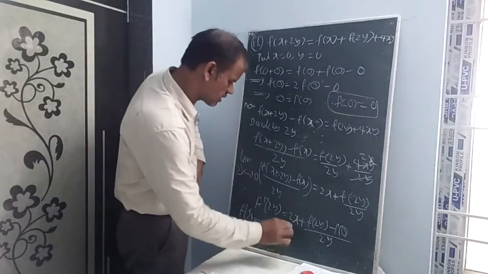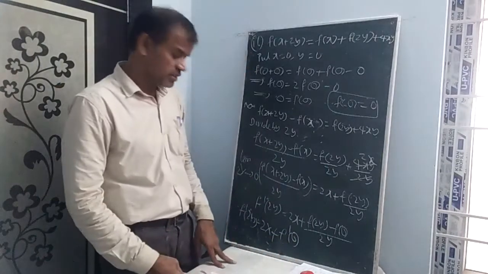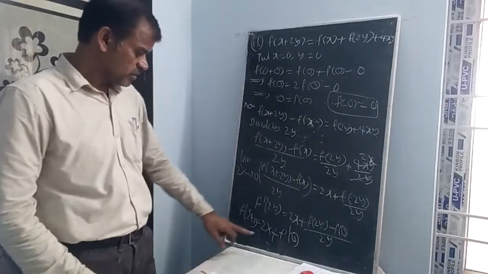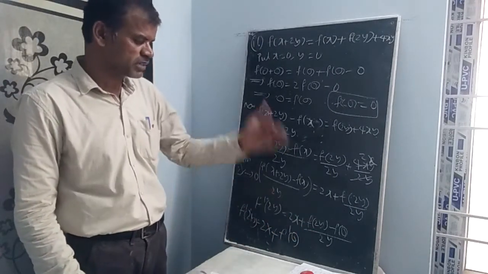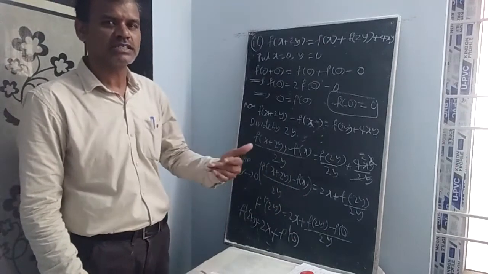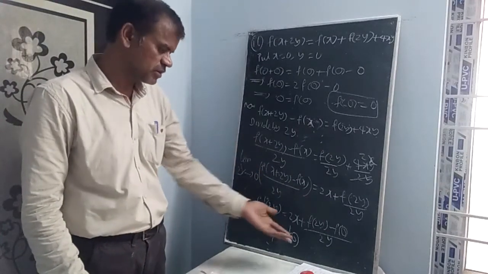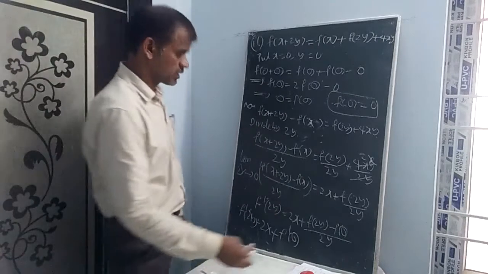So this is nothing but f dash 0, because f(0+2y) minus f(0) by 2y is like f(0+h) minus f(0) by h. So f dash 0 is the correct answer.